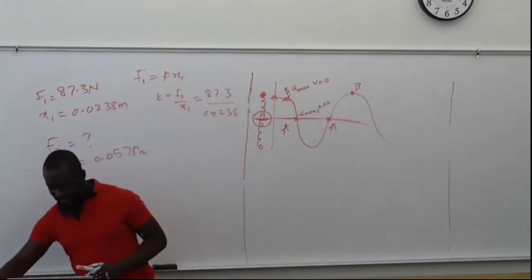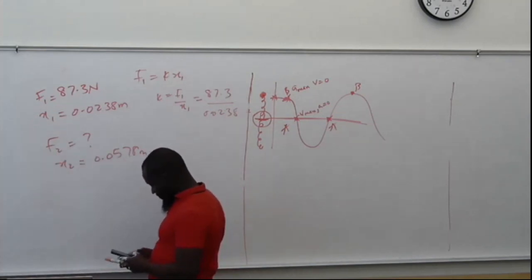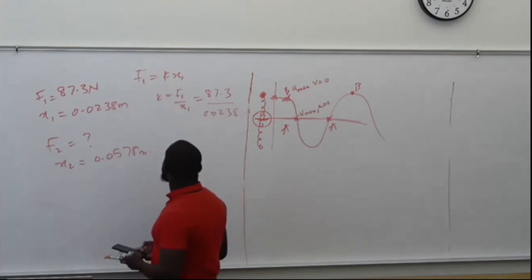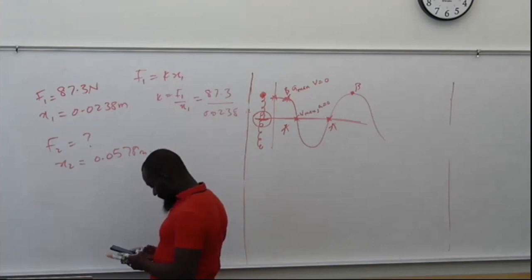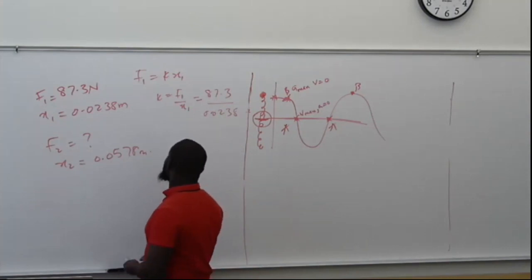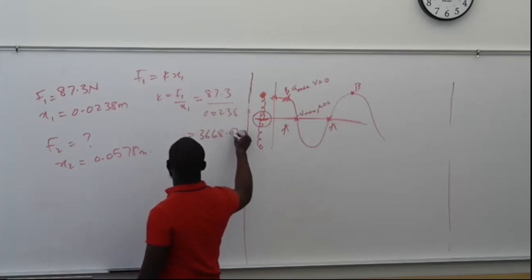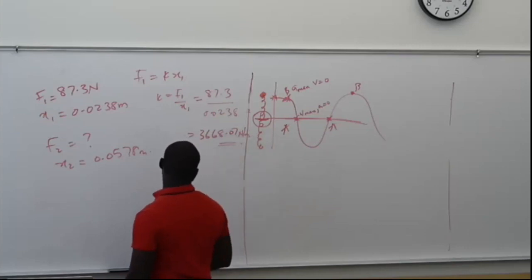Let me do that really quick. 87.3 divided by 0.0238 is 3668.07 newtons per meter. So that is my spring constant.